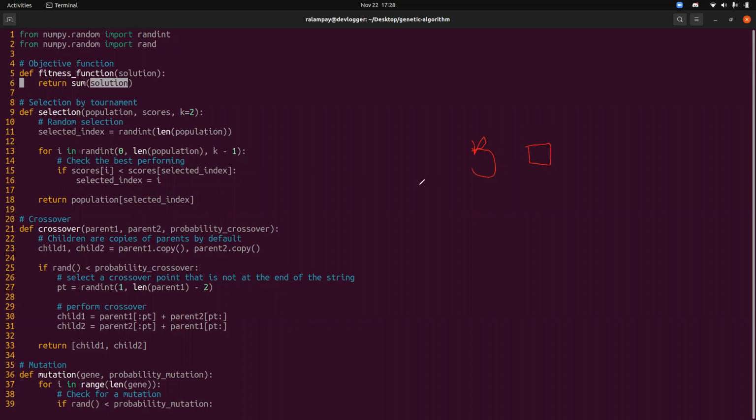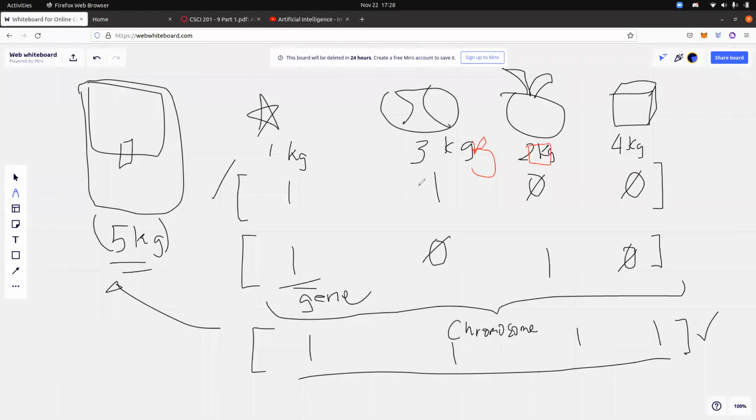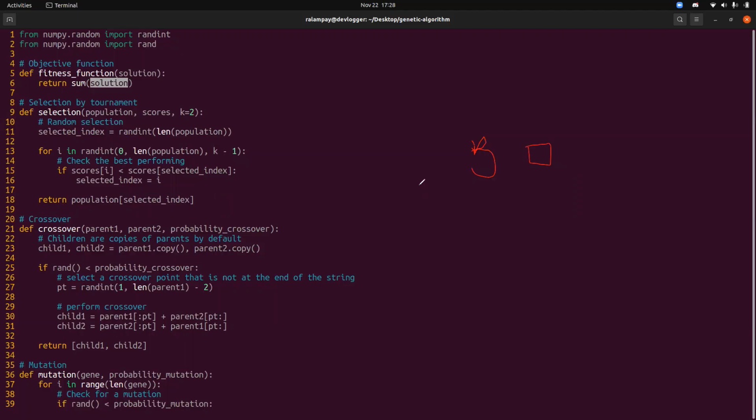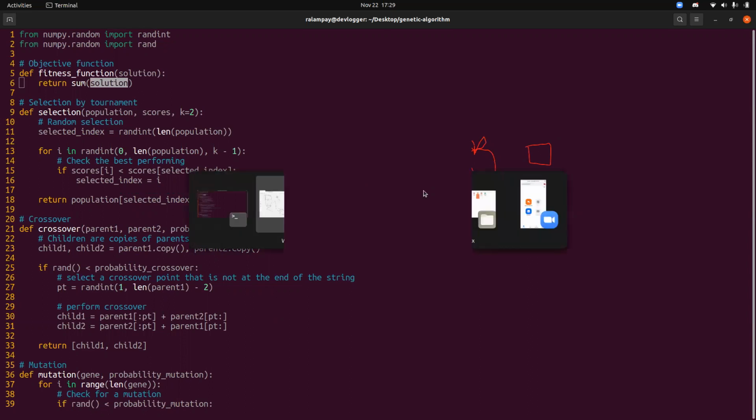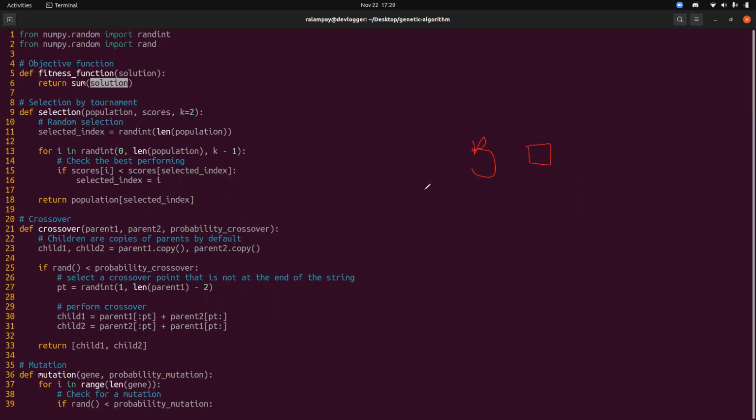The weights are 1, 3, 2, 4. These are the weights. 1 kg, 3 kg, 2 kg, 4 kg.